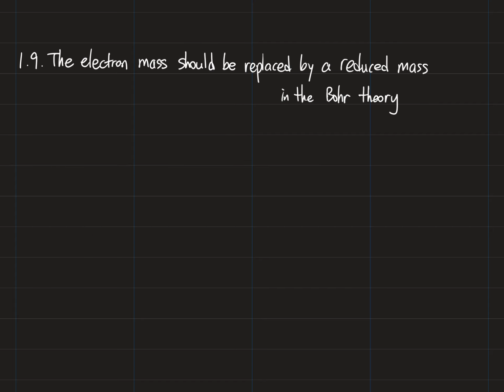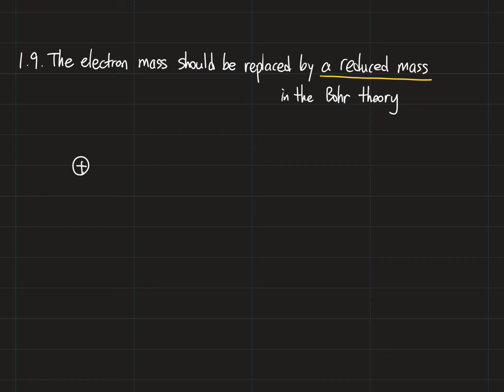Section 1.9: the electron mass should be replaced by a reduced mass in the Bohr theory. Previously we discussed the Bohr model of the hydrogen atom. There, the key assumption we made was that the proton is much more massive than the electron, so that we can consider it a fixed center with the electron revolving around it.